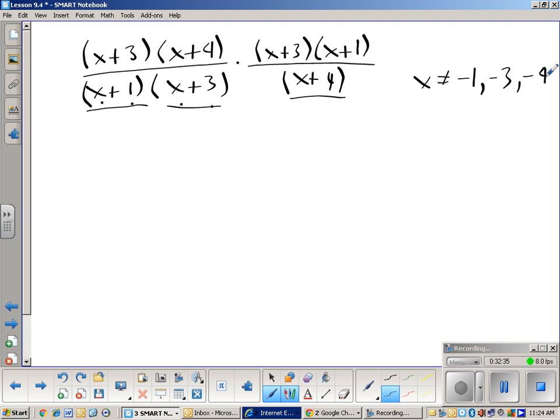What cancels in this problem? X plus 4 cancels. X plus 3. I could go x plus 3 in this one or x plus 3 in this one. It doesn't matter. And x plus 1. Leaving us with x plus 3 over 1, which is just x plus 3.